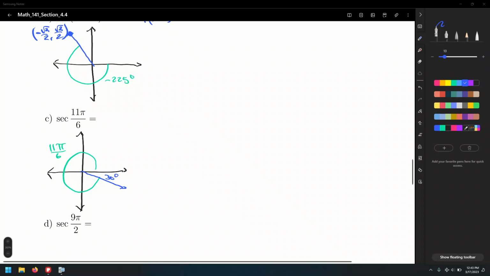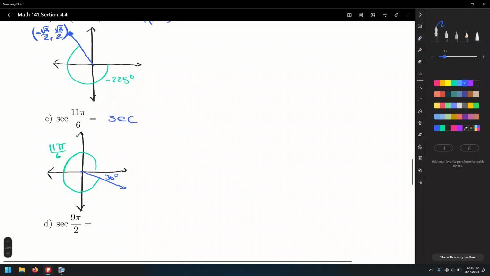In this case, for a 30-degree angle in the fourth quadrant, actually, we are not going to evaluate the secant function. How about we evaluate 1 over the cosine function instead? You know what? Let's do the secant function first.